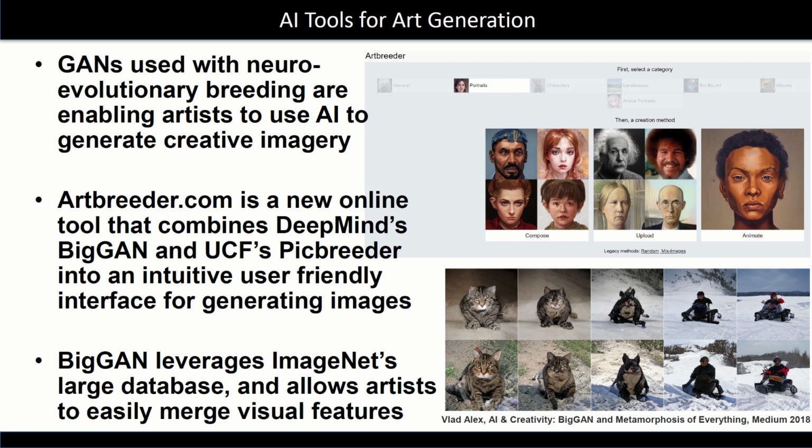BigGAN leverages ImageNet's large database, and it allows artists to easily merge visual features. So you can take a cat and do a metamorphosis with a person on a sled and create some interesting images in the middle.